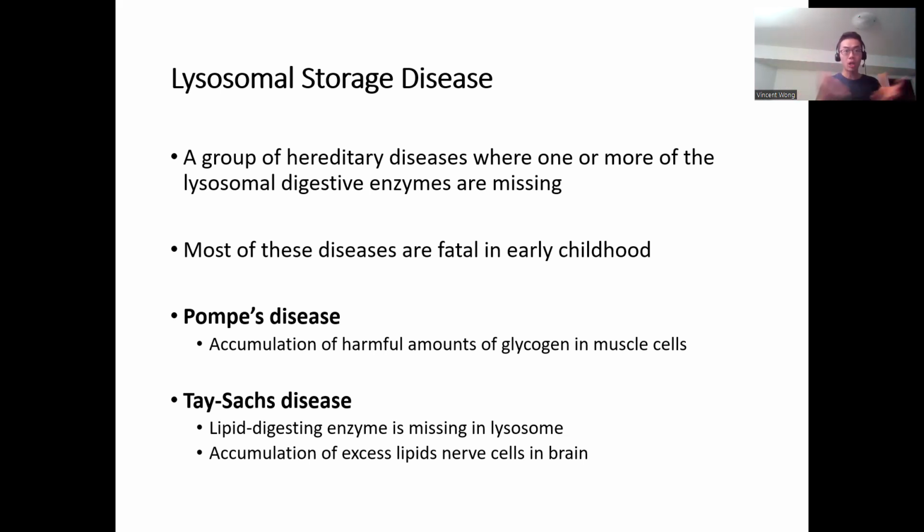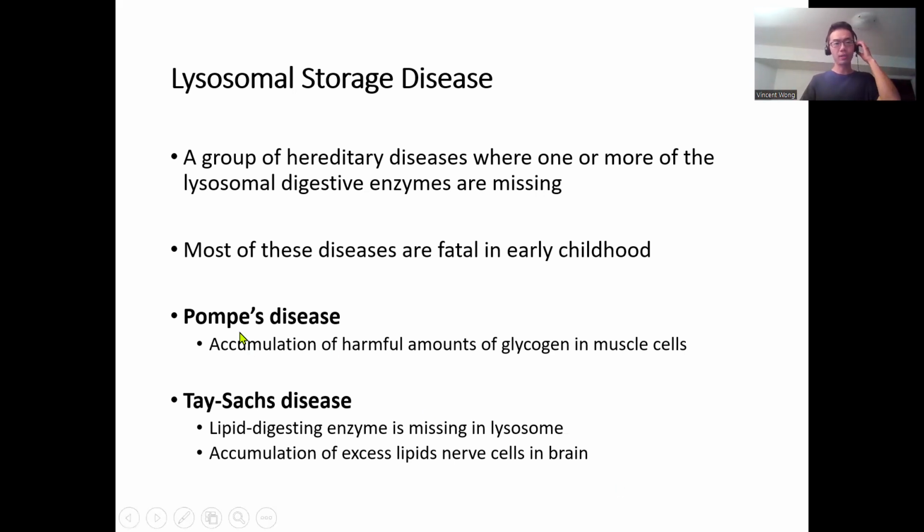There are a lot of different enzymes in it, and if the instruction to make one of them is mutated, then you'll be missing that enzyme. So there is a group of conditions called lysosomal storage diseases, and depending on which enzyme you're missing, the outcome is different.